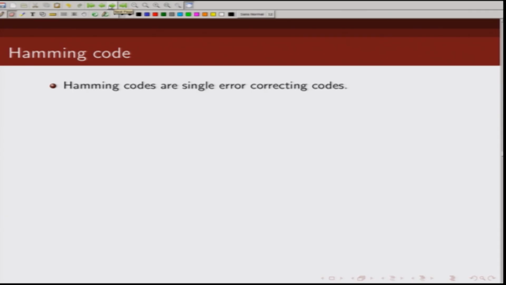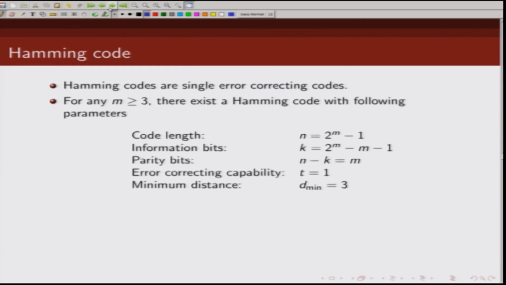Next we consider Hamming codes. Hamming codes are single error correcting codes and they are described by these parameters. For any m greater than or equal to 3, the code word length is given by n equals 2 to the power m minus 1. The number of parity bits is equal to m.